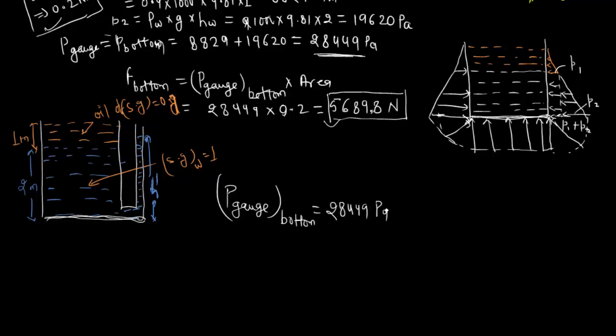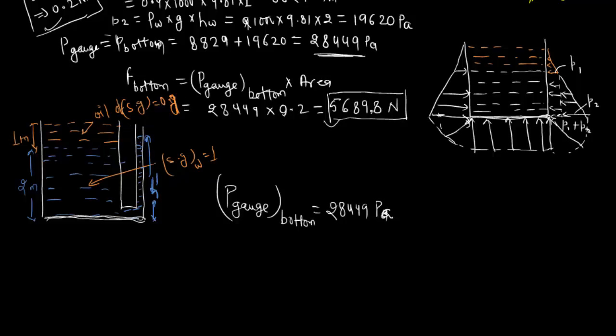Okay, and this pressure intensity is also here, but this pressure is only maintained by the water. So we want to calculate the height of water in this tube. So simply, as we know the pressure, we can directly equate this pressure to the pressure exerted by the water in this tube.